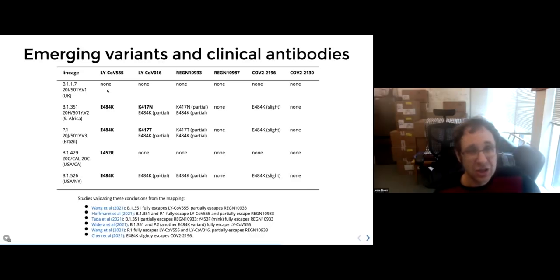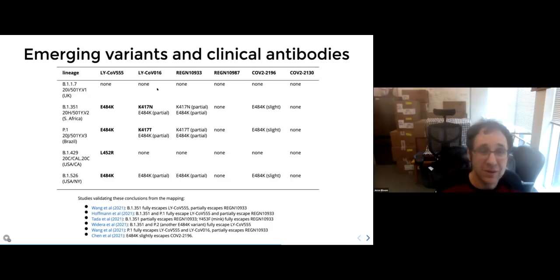And you can see that mutation, unfortunately, escapes from this bamlanivimab or LY-CoV555 antibody being developed by Eli Lilly. You can see that this viral lineage from Southern California, which has the L452R mutation, also escapes from that antibody. Although fortunately, some of the other antibodies in some cases are somewhat or much more resistant to the mutations that have been observed so far.